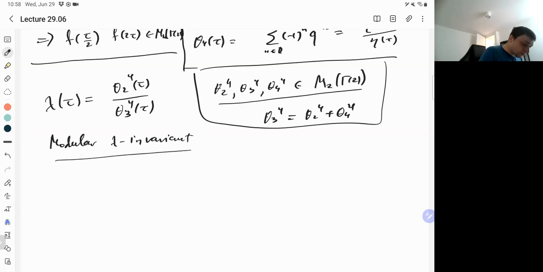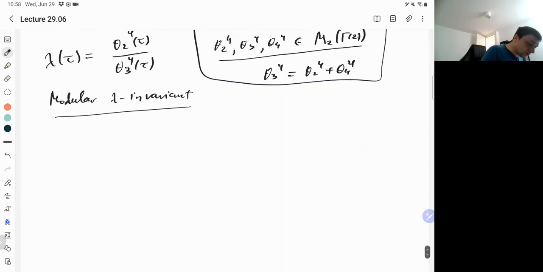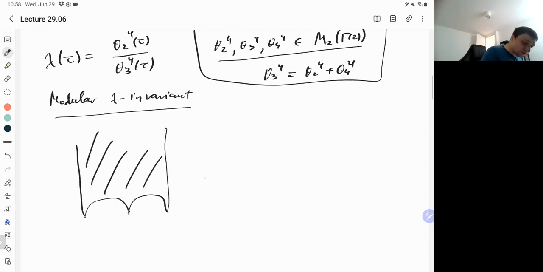It has some applications in complex analysis, which maybe I'll mention later, maybe tomorrow. What it does is send this fundamental domain to the plane with some cuts, and this dotted line now goes to the interval between 0 and 1.